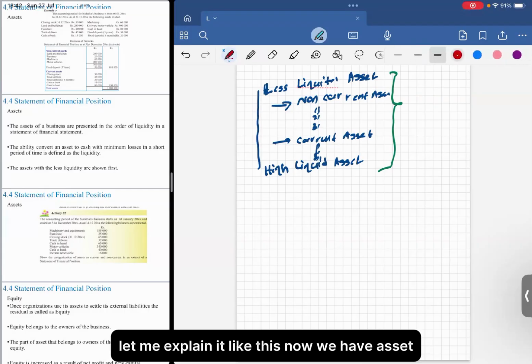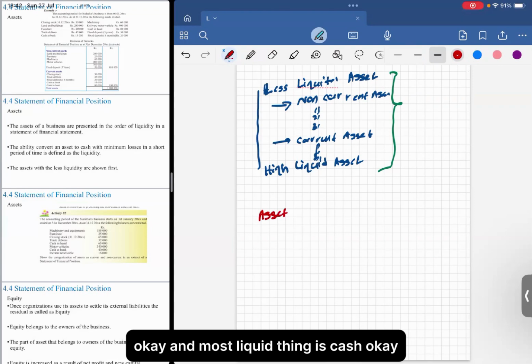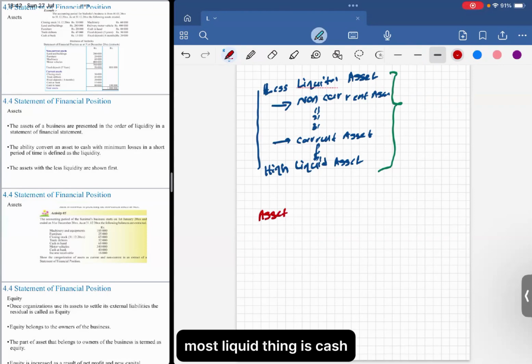Now we have assets, and the most liquid thing is cash.